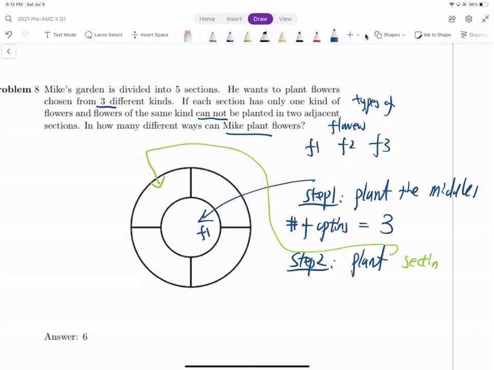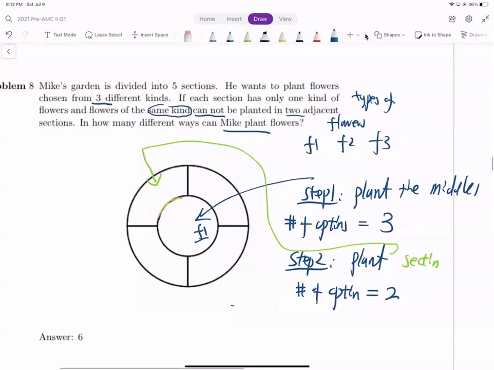Because it says the same kind of flowers cannot be put in adjacent sections, and these two are adjacent, because they have a common boundary, I know for this part you have only 2 options. So the number of options equals 2, right? Because you cannot choose flower 1, you can only choose flower 2 or flower 3. So let's say, for example, here we choose flower 1, and here we choose flower 2.